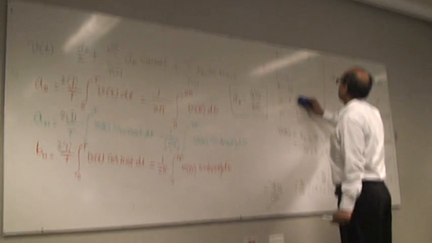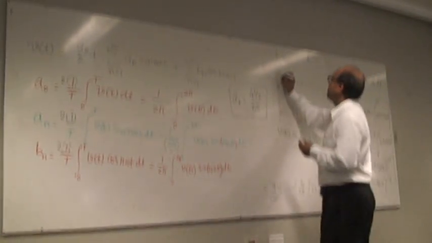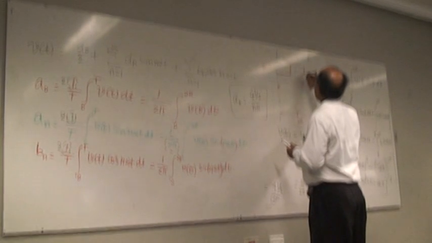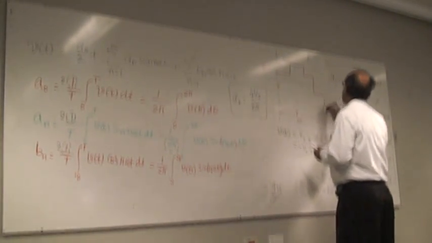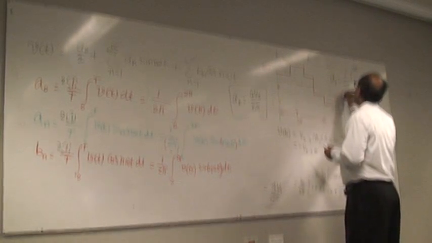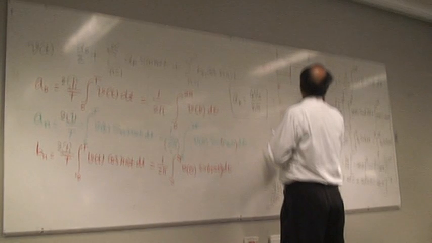So this is for the single phase, but what will be the change if the waveform becomes like that? So for example, for your 3-phase waveform, what will be the changes? The 3-phase waveform you have got like this. So how do you actually calculate the component values?